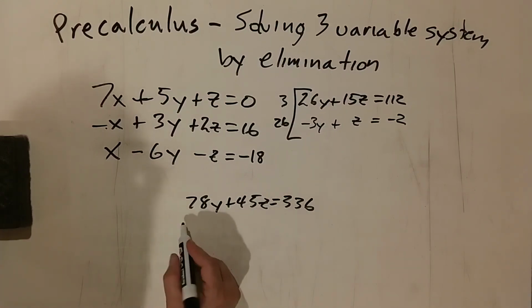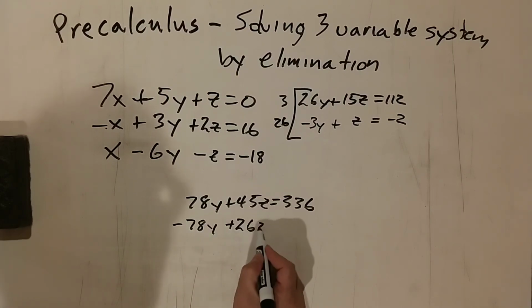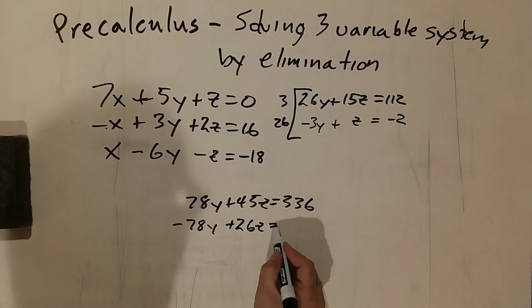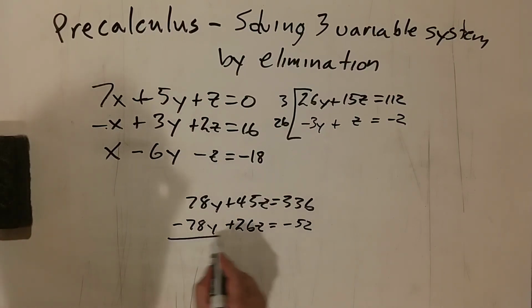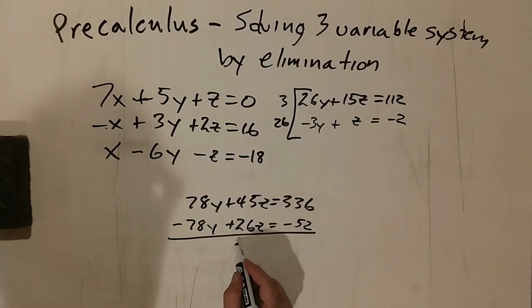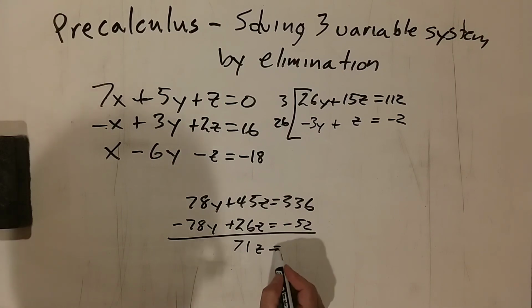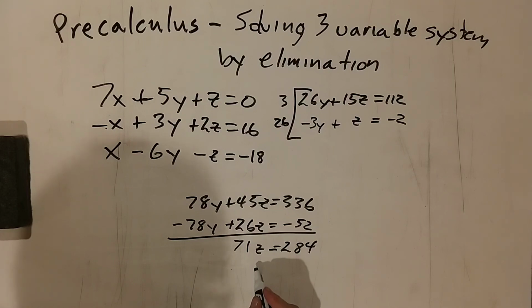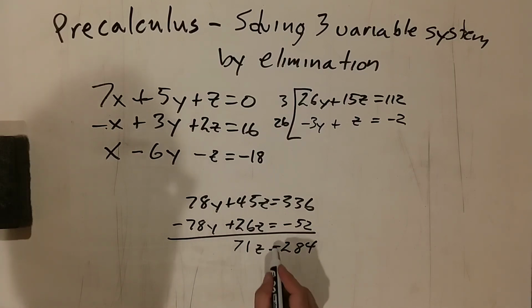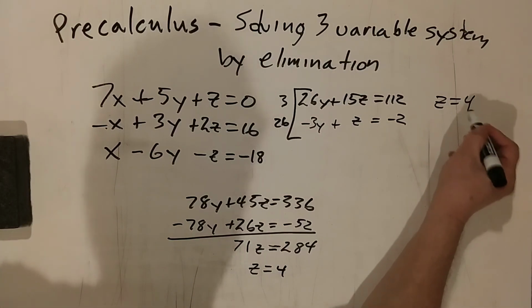And the bottom one, negative 78y plus 26z equals negative 52. When I add these together, I get 71z equals 284. Dividing by 71, we get z equals 4. So now we have z equals 4.